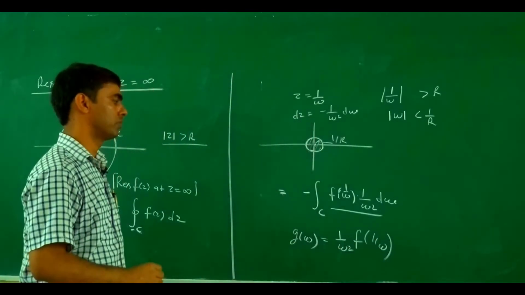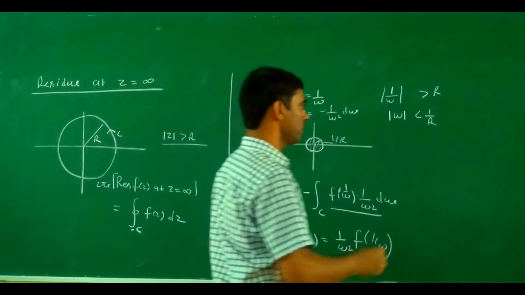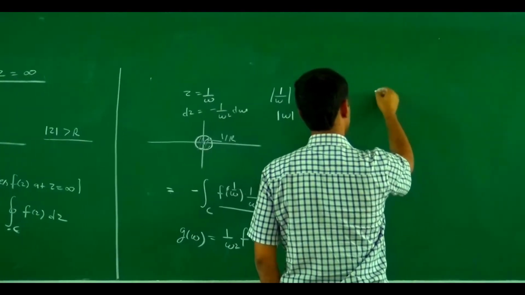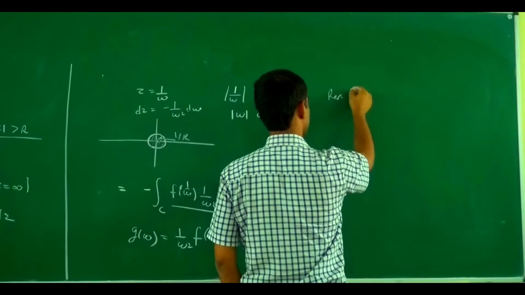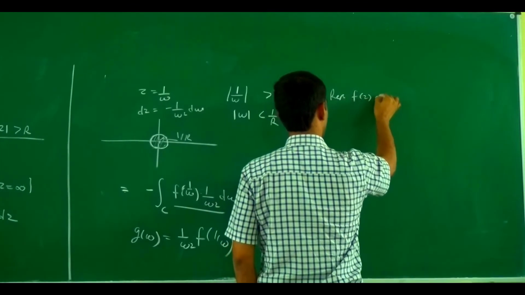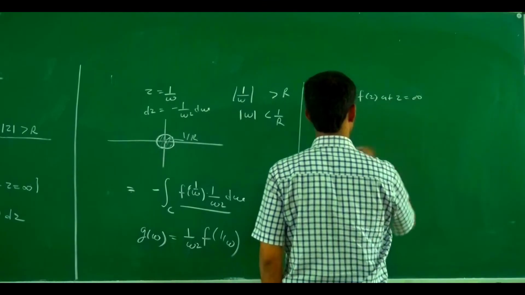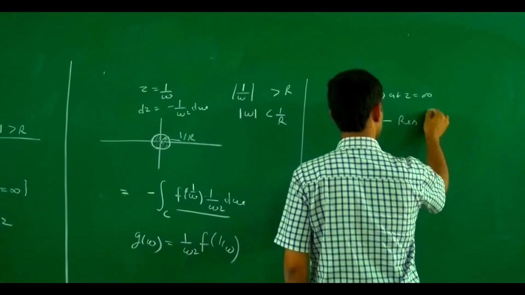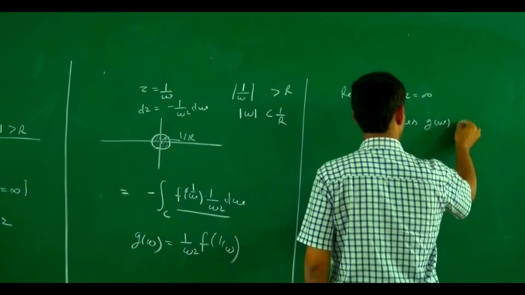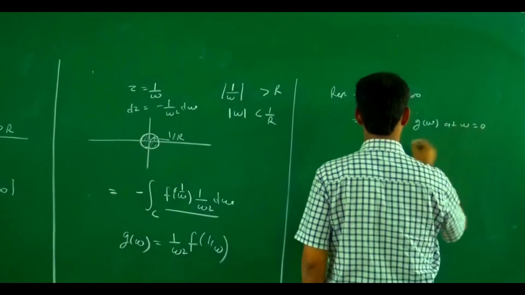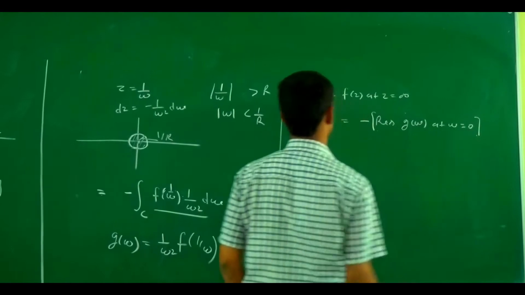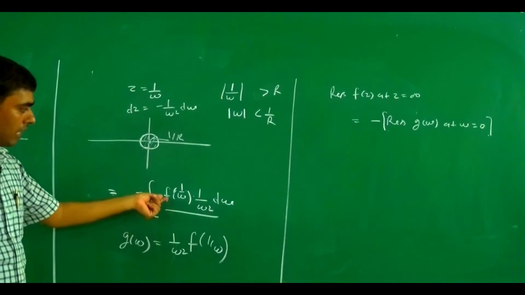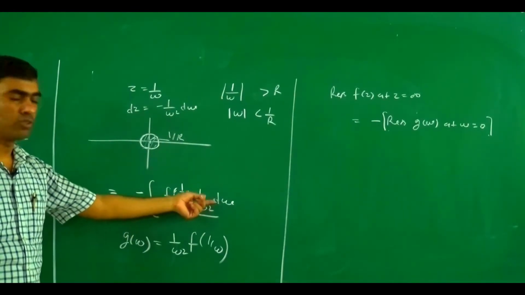So now, the residue of f(z) at z equal infinity equals minus the residue of g(w) at w equal 0, where the integral over C is of f(1 upon w) 1 upon w square dw.